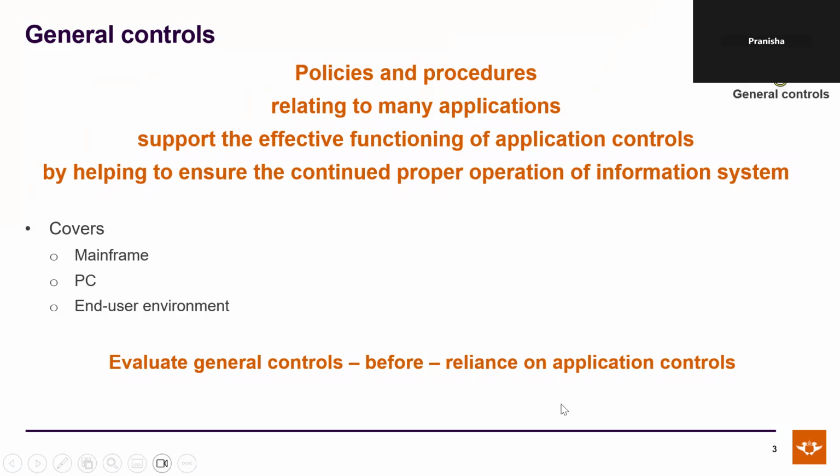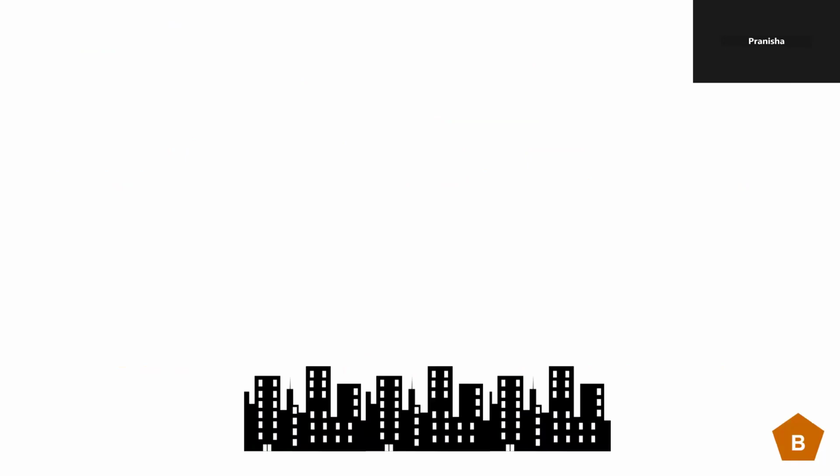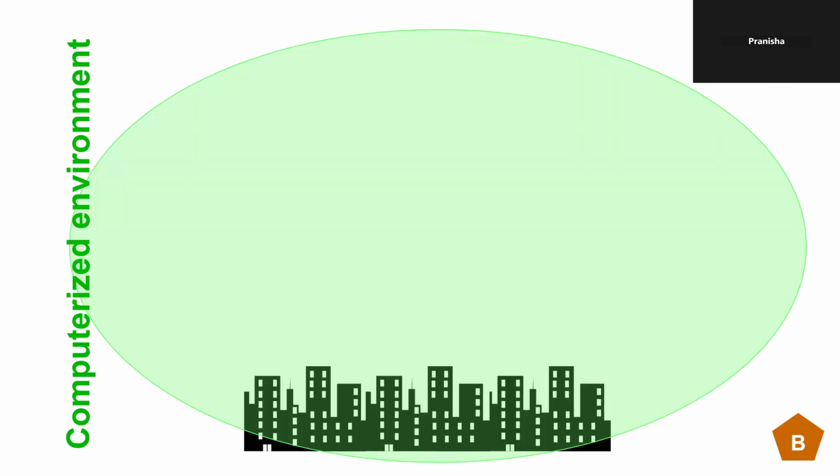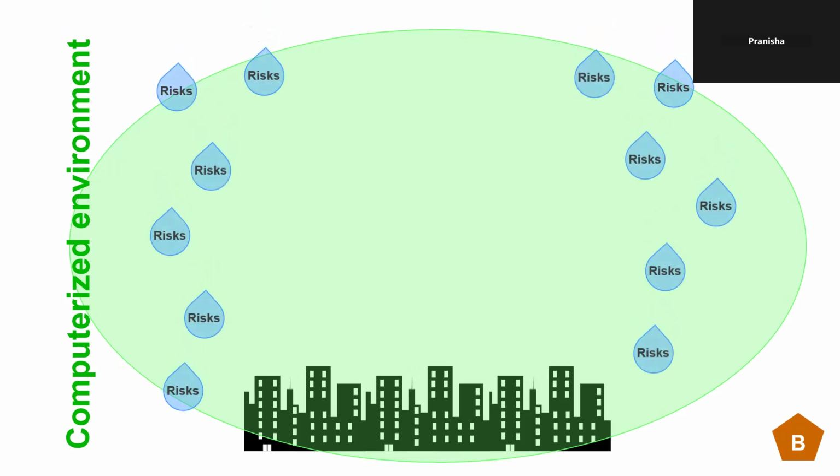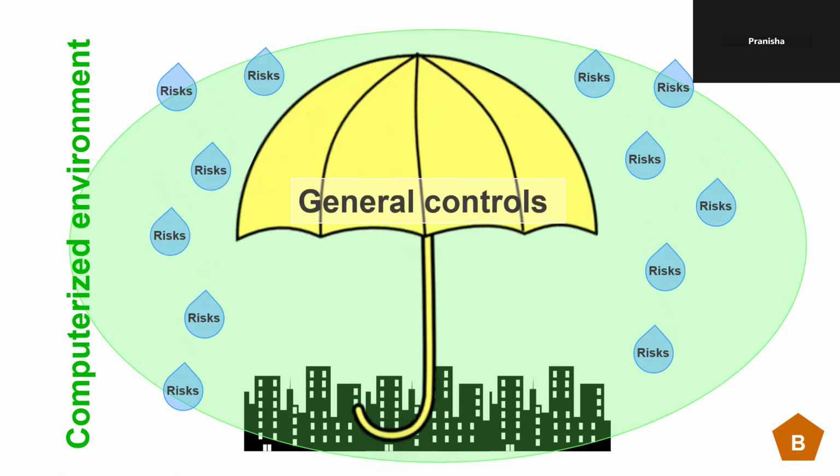We will be making reference to the term application controls. However, on a second year level, we will not be going into any detail around application controls, as this will be covered in your 3rd year of studies. Now, if we have to just look at a computerized environment, it is made up of a number of risks, which we can see in this particular slide. And general controls is considered to be the most basic set of controls that are required for an IT environment.